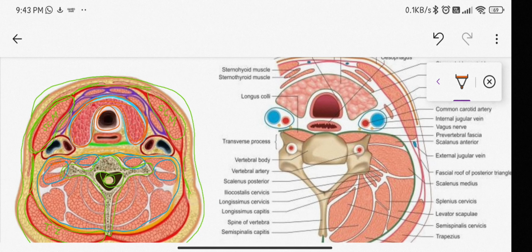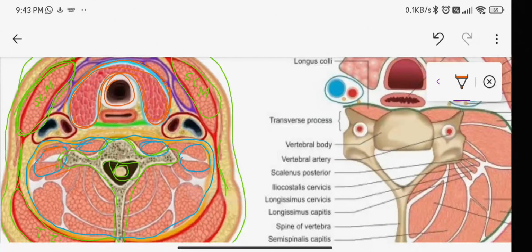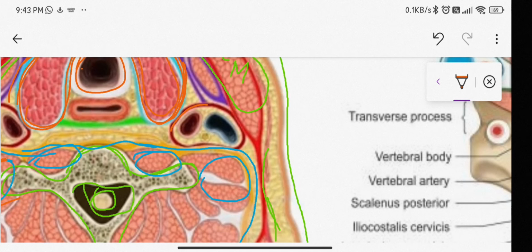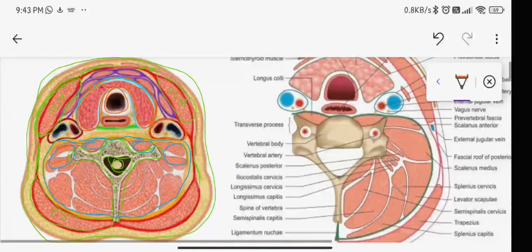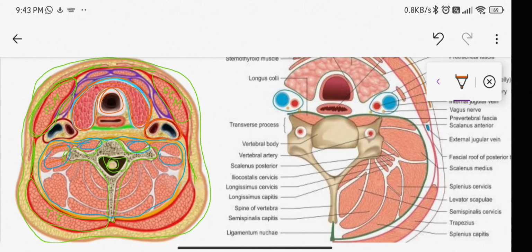Now the important structure that is formed by these three fascia is the carotid sheath. Okay, we need to understand about the carotid sheath, and this carotid sheath, it is the neurovascular compartment of the brain. Okay, so this is very important.